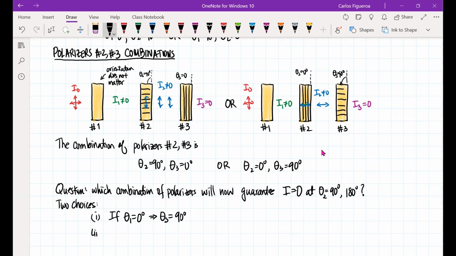Or I can do the opposite. If theta 1 is 90 degrees, then I can guarantee it if I choose this to be 0 degrees. So because I can choose whatever I want, this is the combination I choose right here. Either one works just fine.